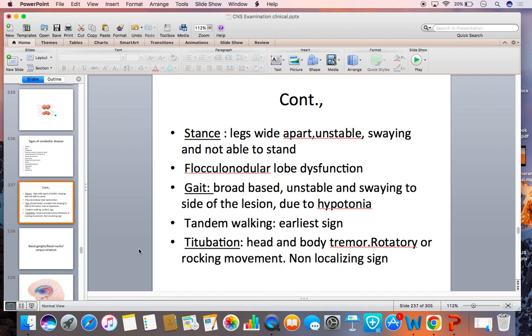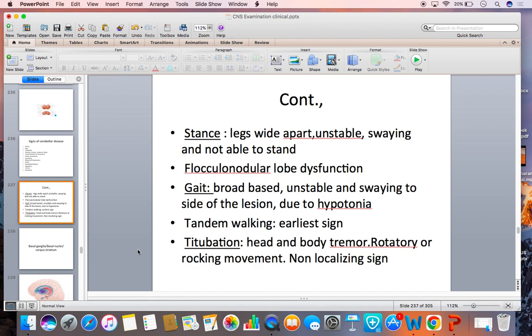That is the projection of the higher center through the extrapyramidal pathway to the spinal cord in order to maintain the balance and the gait.